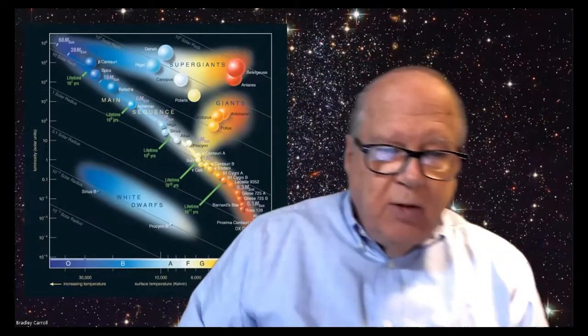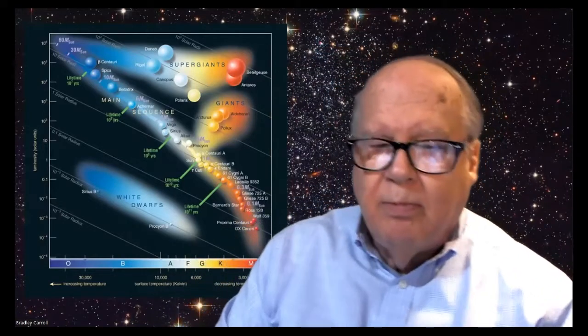This was first made by Einar Hertzsprung and Henry Norris Russell about 100 years ago. And I'll move to the side here so you can see what it is just a little bit better.